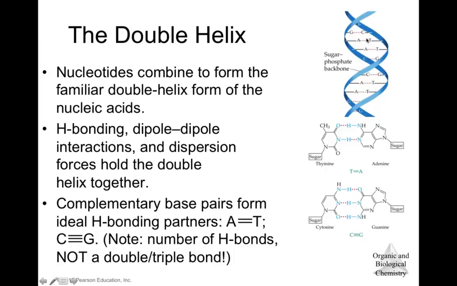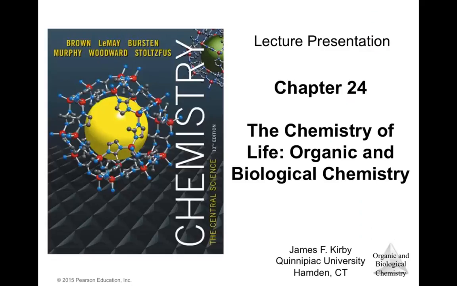And there is the interaction between those bases that produces this type of helix form in the DNA. And as you can see, the thymine and the adenine interaction creates 2 hydrogen bonds, while the cytosine and the guanine create 3 hydrogen bonds between them. And this is the interaction that gives stability to this double helix. So with this, we'll finish our module 24 of the chemistry of life, organic and biological chemistry.